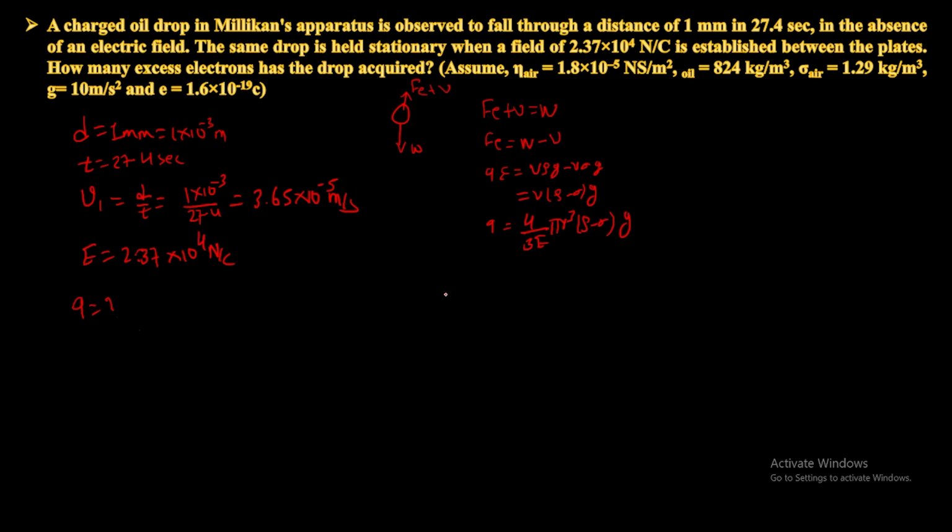The radius of the given oil drop, we also have to use a formula to find the radius here. Let's find the radius separately so that we can easily solve this question. r equals root under 9 eta v1 by 2 bracket rho minus sigma g.